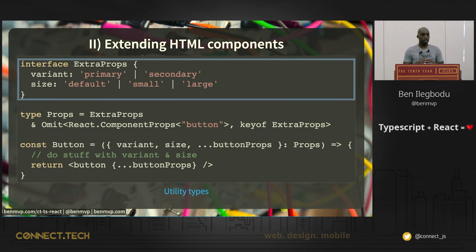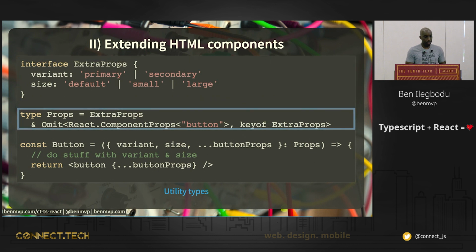And then we have size, which can be default or small or large there. And let's look at this section. Let me break this one down. We have this type props. It takes the extra props that we just defined, and it tries to merge in all of the button props, right?